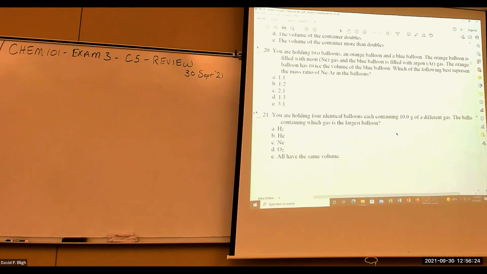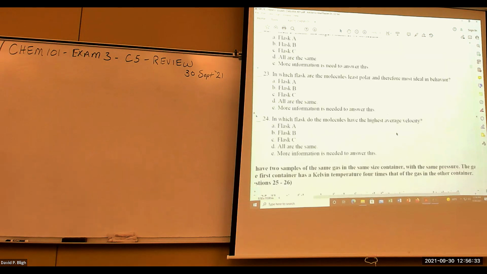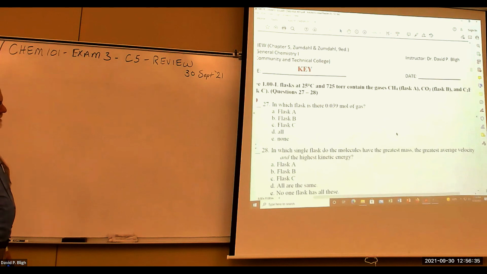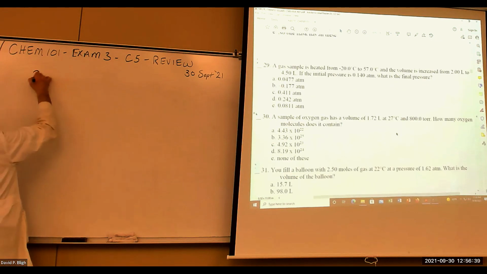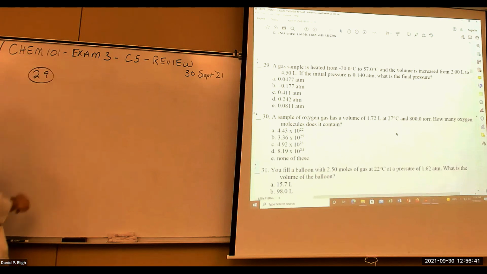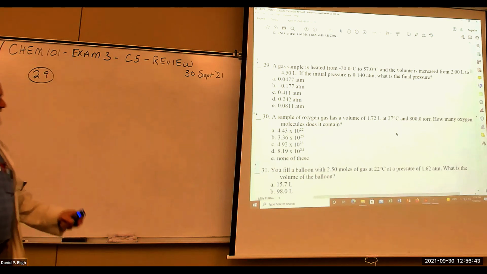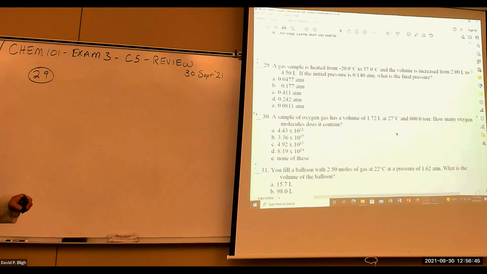Okay, what's the next one I got marked? Skip on down to 29. 28, 29, here we go. A gas sample is heated from -20 degrees to 57 degrees, and the volume is increased from 2 liters to 4.5 liters.